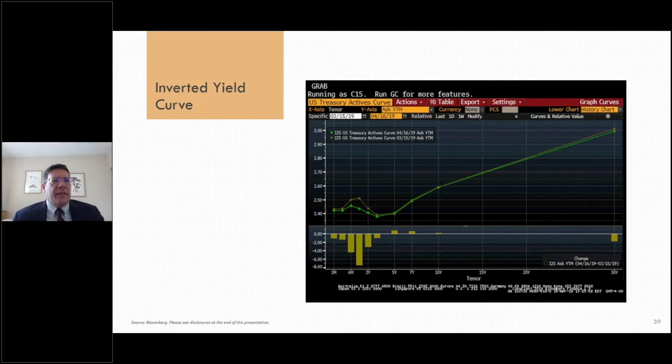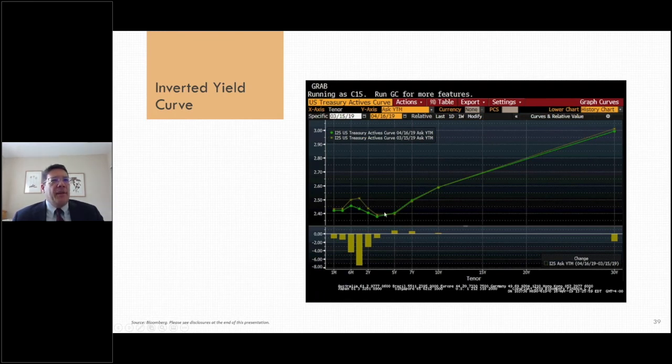when investors think that there might be a recession down the line, when there might be a slowdown to the economy. And what happens here is that you might be tempted to invest in the shorter maturities because you're going to get a higher yield. But the anticipation here is that these longer rates might come down eventually.